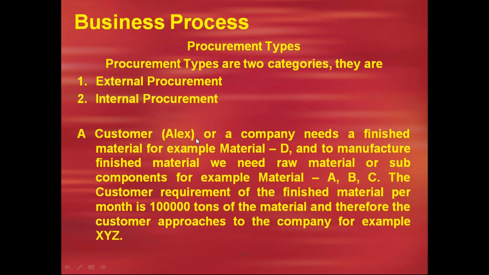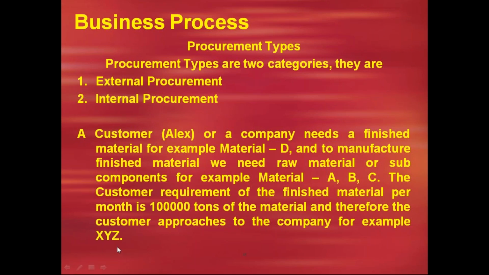And the requirement of the customer, the material requirement, is, let us say for example, 1 lakh tons of the material per month. And this finished material D is a result of the raw materials or subcomponents A, B, C. Therefore, the customer raises an order to the company, and the company is XYZ Private Limited.